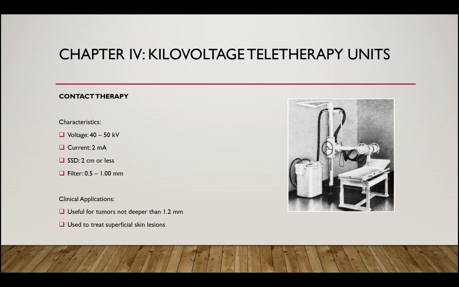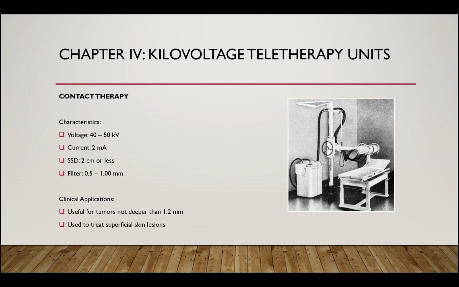The machine usually operates at a tube current of 2 milliampere, okay, 2 milliampere only. So applicators available with such machine, the contact therapy units can provide a source to skin distance or SSD of 2 cm or less. For the applicators, we will learn more about applicators in the following chapters.